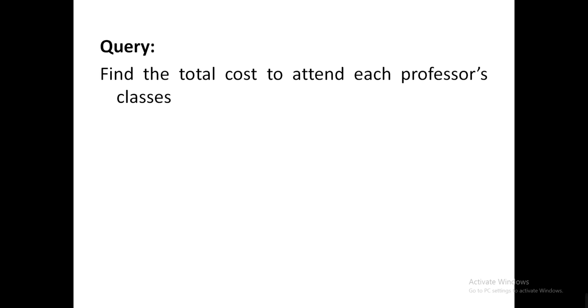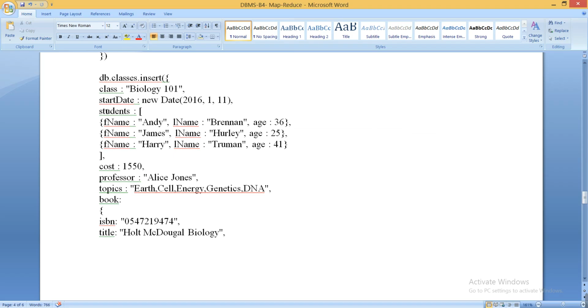So what we are expected to do here, we need to just calculate total cost to attend each professor. So as a part of mapping function, what we are expected to emit out of the map function, definitely the professor's name. So the professor field will be the key. Over here, the value for it is Alice Jones.